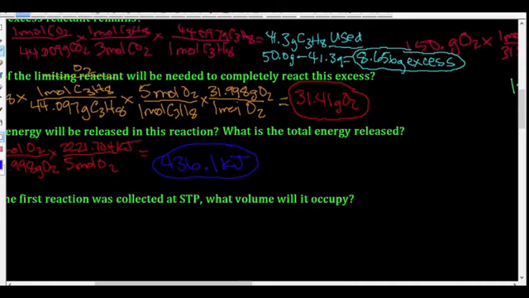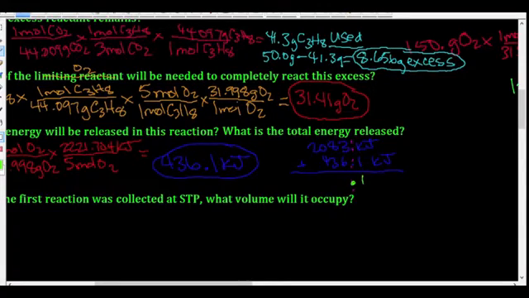So what's the total energy that's going to be released? Well, it's going to be the first reaction plus the second reaction. So 2083, I'm just going to use the rounded number here, kilojoules, plus 436.1 kilojoules. And just for clarity, let's draw our line.